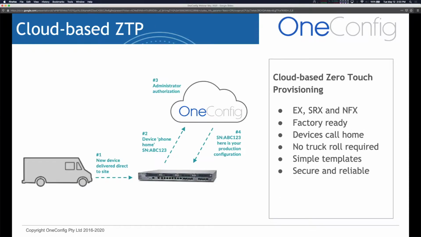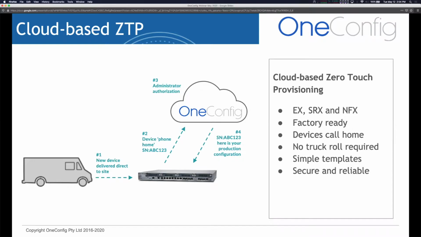Cloud-based zero-touch provisioning. Devices are now shipping from distribution with phone-home ZTP, or cloud-based ZTP, enabled by default. You can plug that device into the network, it'll get an address automatically, and it'll make an SSL HTTPS connection out to the redirect server, and then connect into OneConfig automatically with really no touch. You can also do that over an LTE modem.